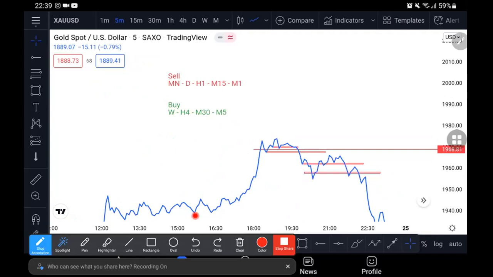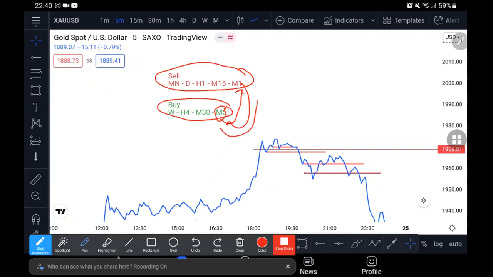So apa yang kita buat? Kita ada buy bias. So kita nak entry sell, kita tunggulah bias breakout. Tunggu M5 breakout, entry ke M1. Lepas tu tunggu M5 breakout balik. Dia breakout balik, entry balik. Bila dia breakout banyak, kita monitor tengok M30 dia breakout tak. Dia breakout, kita re-entry ke M15. Benda ni je kita ulang.